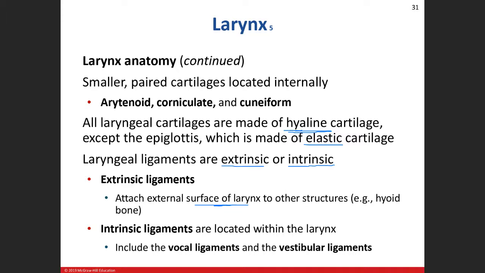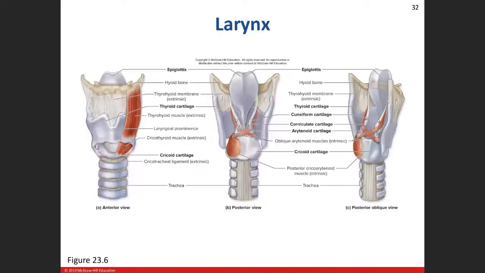Our intrinsic ligament, this is where we're going to get into your vocal cords. We're going to talk about the vocal ligaments and the vestibular ligaments as we move in a little bit. Let me show you a quick picture here. You can see here's the hyoid bone on the anterior view, and then we've got some ligamentous tissue attaching onto the superior portion of the thyroid cartilage.